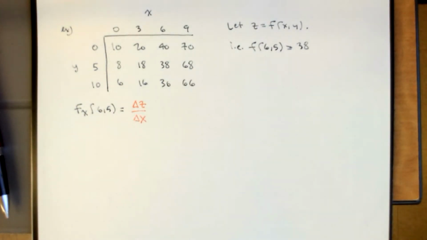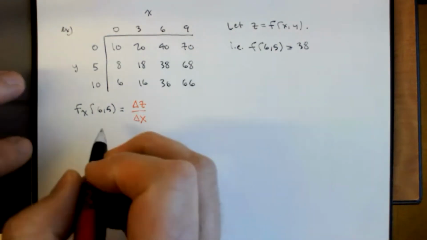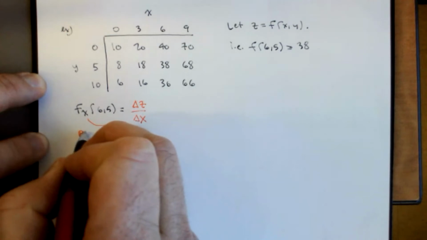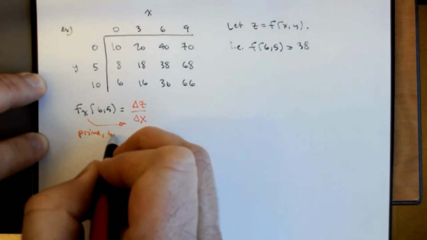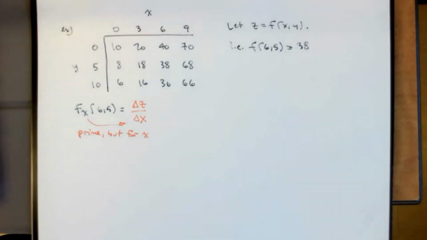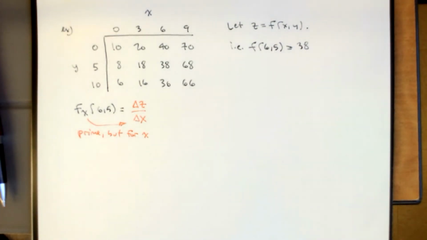That's what the sub x means. We can't use prime. We've got to distinguish between changing in the x direction and changing in the y direction. So this sub x, that x is our prime, but it's for x because I got 2 directions.